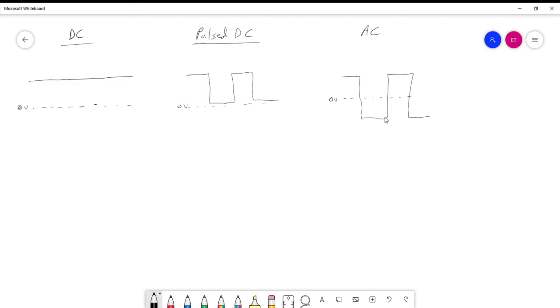We now have negative voltage, and back and forth. So this is an AC waveform. It will have that reverse polarity. Voltage will be going positive and negative in the same waveform. So current will be going one direction here, then it'll be going the opposite direction when the voltage flips polarity. So this gets us into this whole discussion with waveforms.